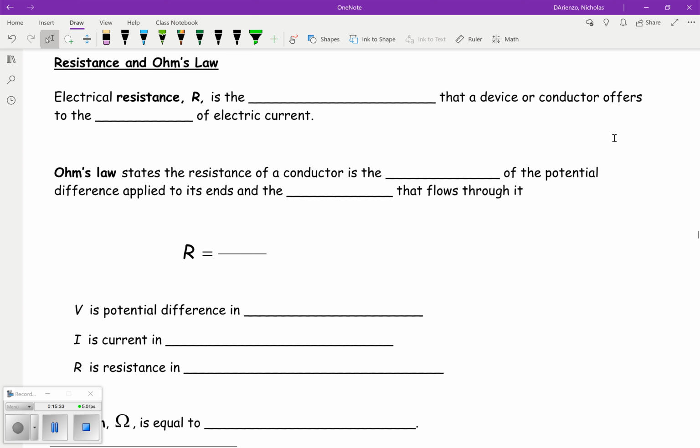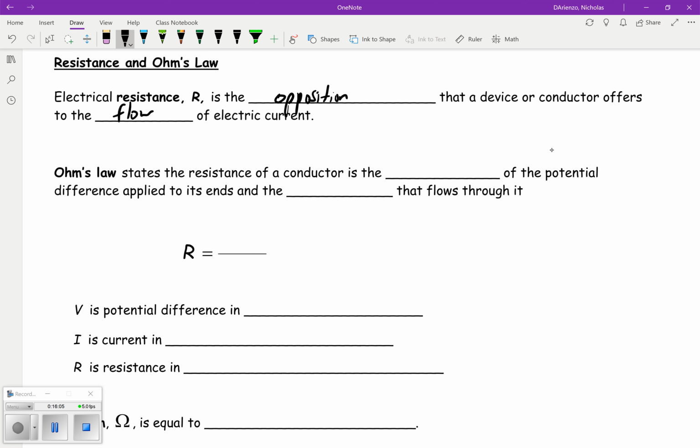Now, the lesson we're going to talk about today is resistance and how that connects to Ohm's law. We represent electrical resistance with a capital R, and it is the opposition that a device or conductor offers to the flow of electric current.